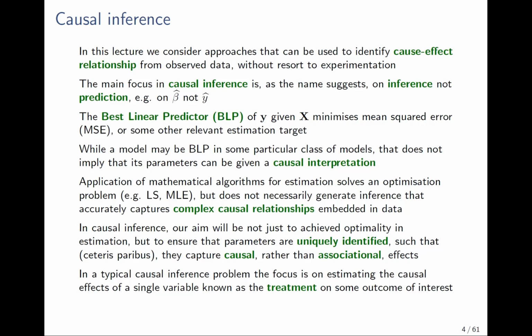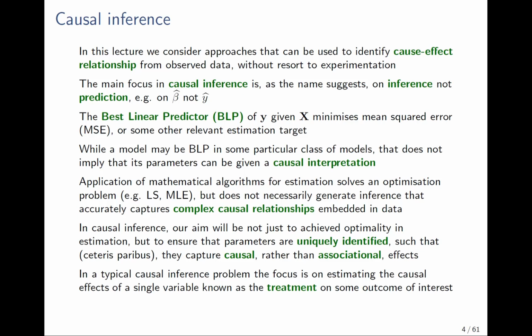In fact, a model that provides good prediction could at the same time provide bad inference, in the sense that the prediction it gives us of how y will change for a change in x, ceteris paribus, isn't reliable. It's not actually reflecting the causal link between these variables in the real world.